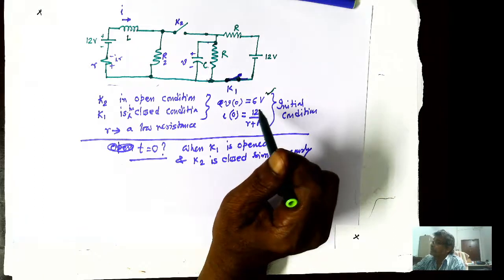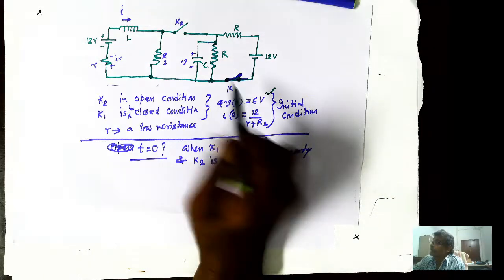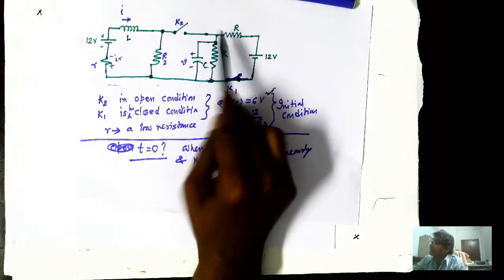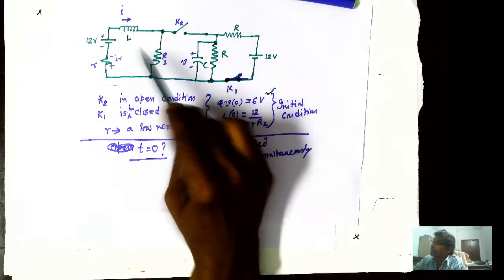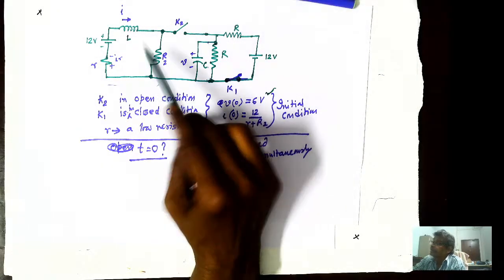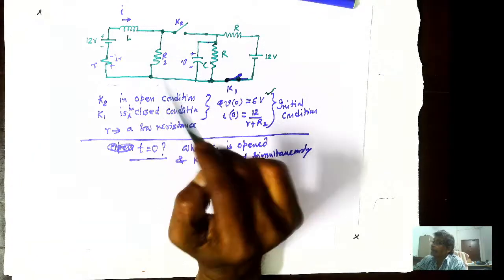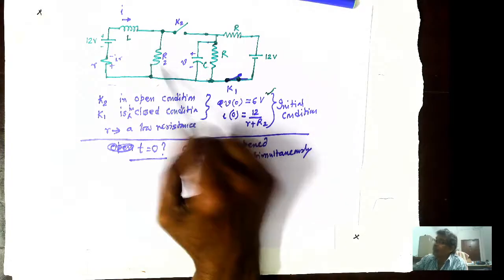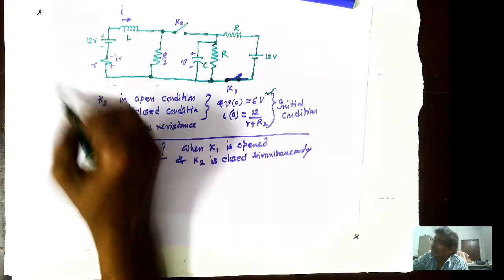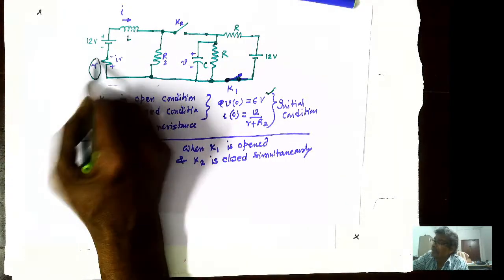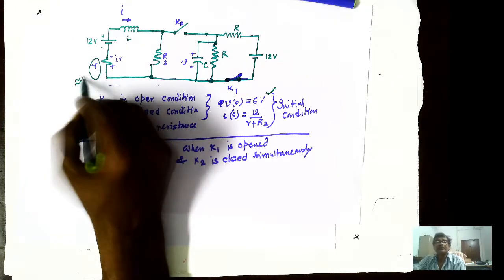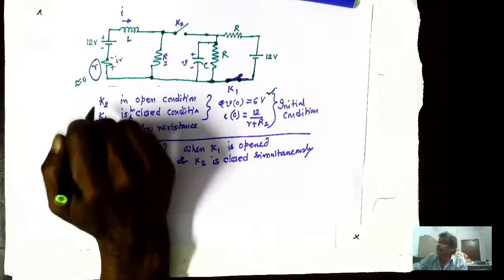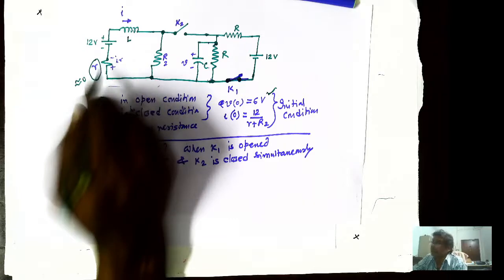K2 is open, so this circuit is totally isolated from this circuit. Similarly, consider the left hand side circuit where there is an inductance and two resistances, of which this small r is insignificant, very small. It is only for measurement purposes, that is r is practically 0.